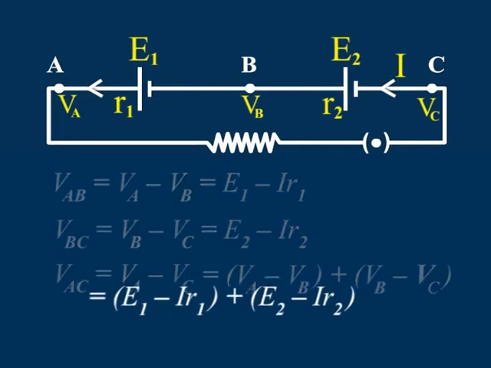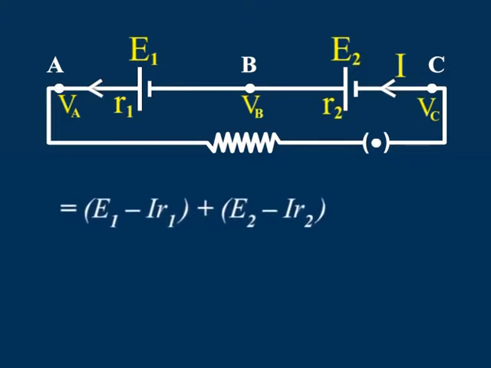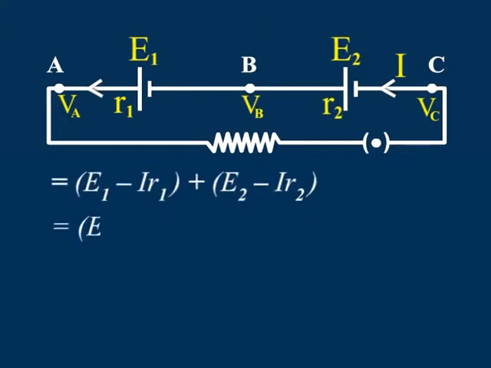On simplifying, this can be written as E1 plus E2 minus I into R1 plus R2. Let this be equation 1.